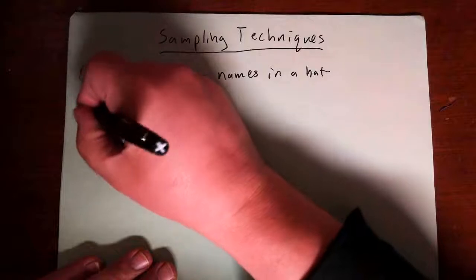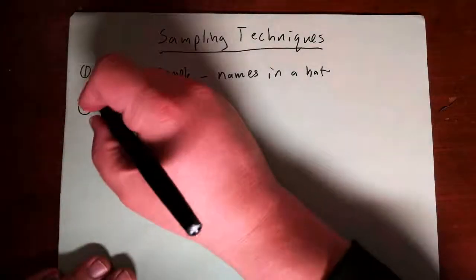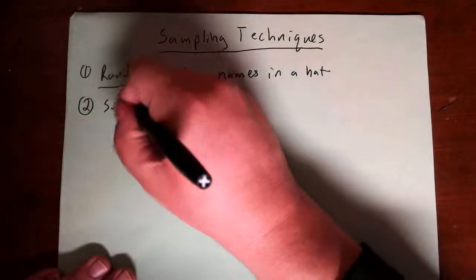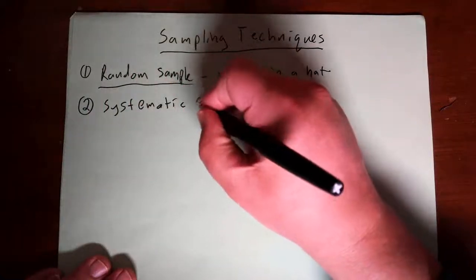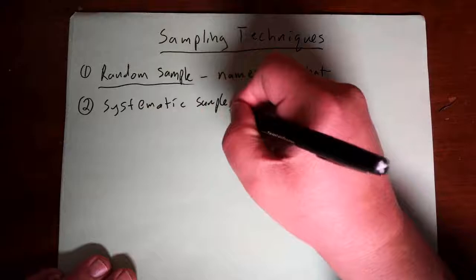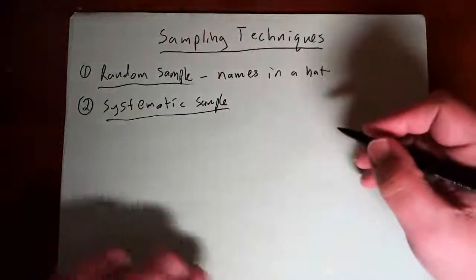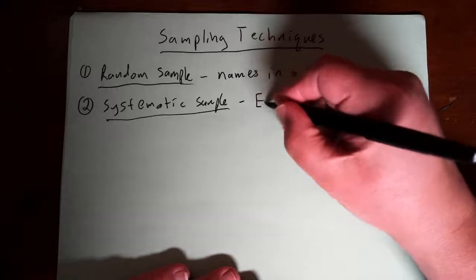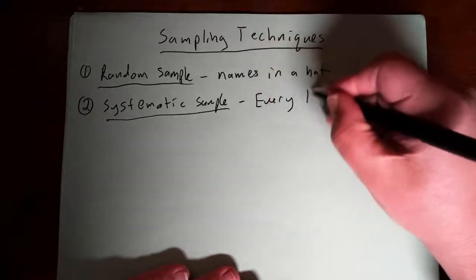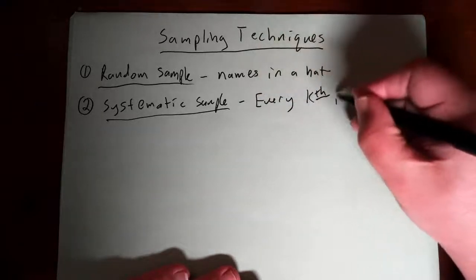So the second one here is called a systematic sample. For a systematic sample, this is like every, I'll say, kth item.